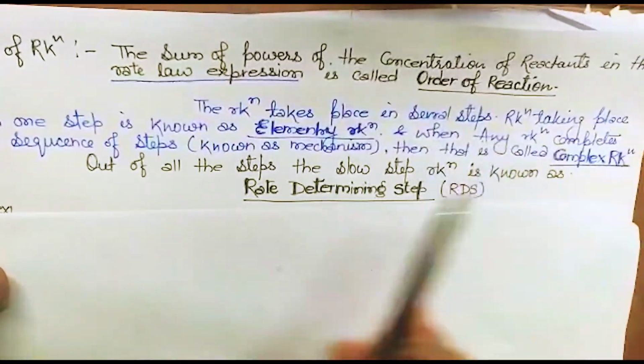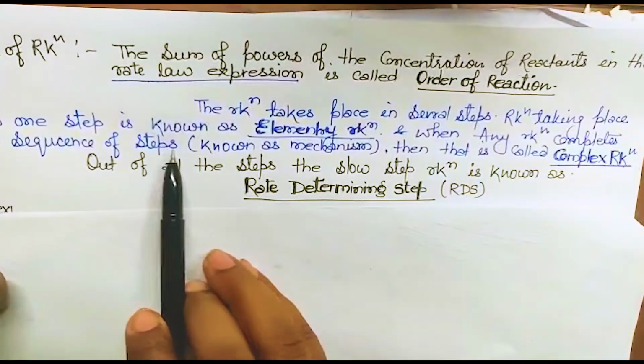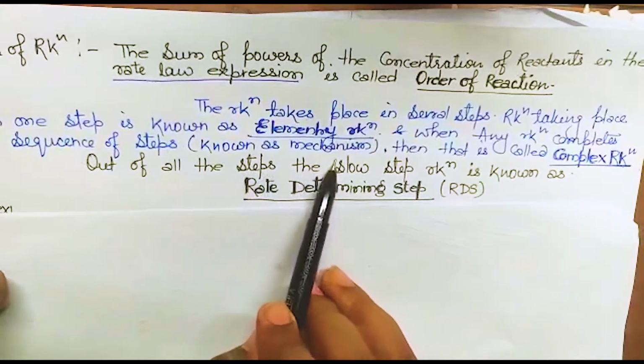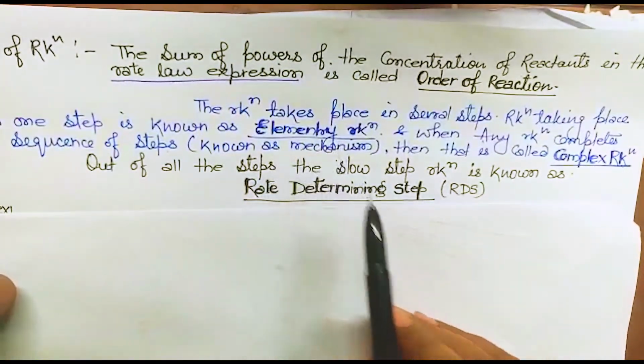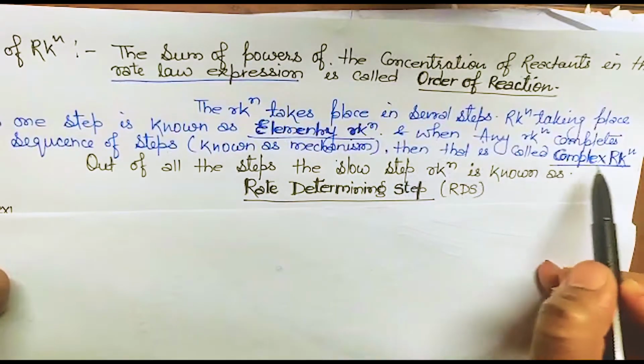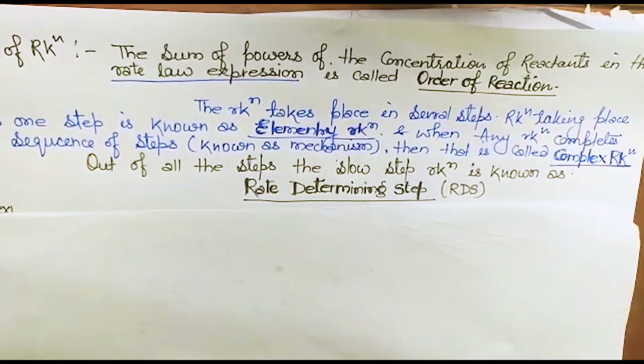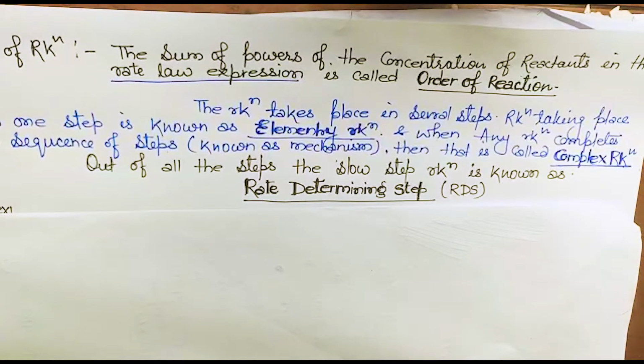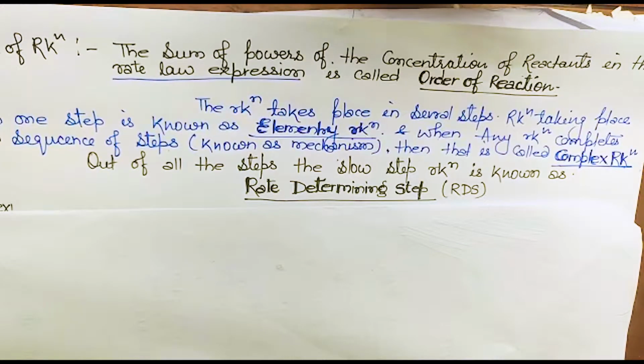When any reaction completes in a sequence of steps, that sequence of steps is known as the mechanism. We have done this in organic class. And out of all this sequence of steps, the step which is slowest is called the rate determining step.